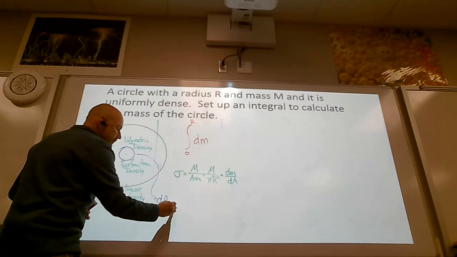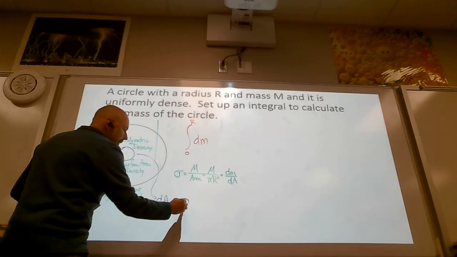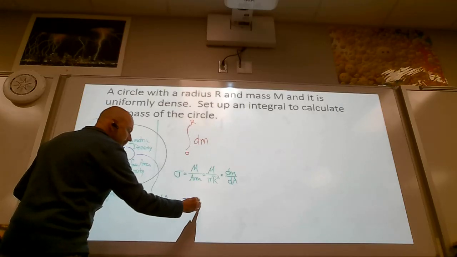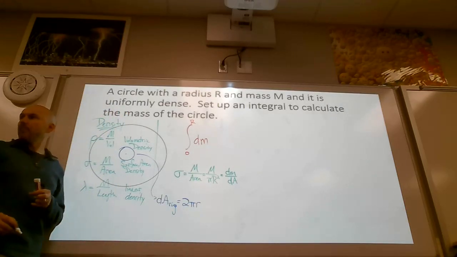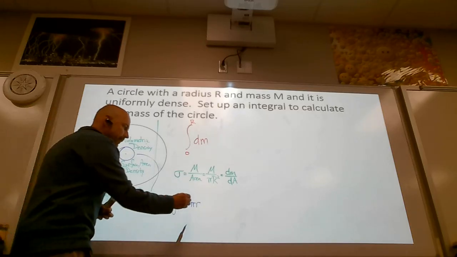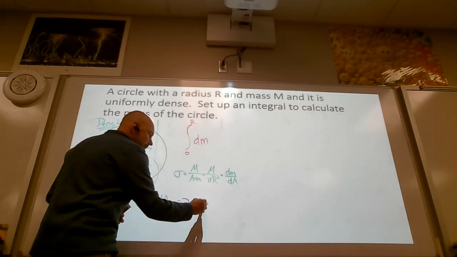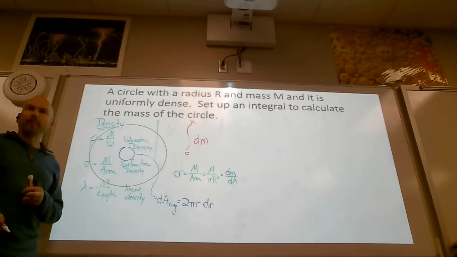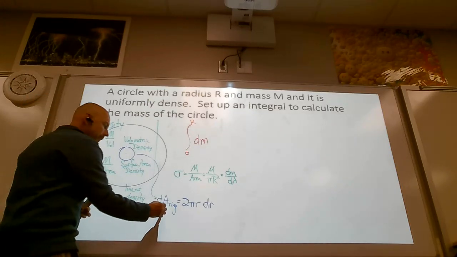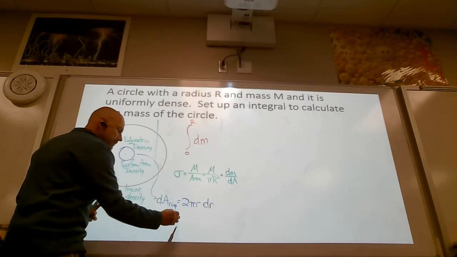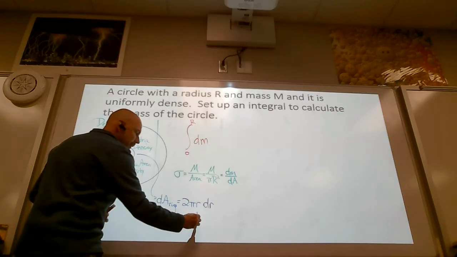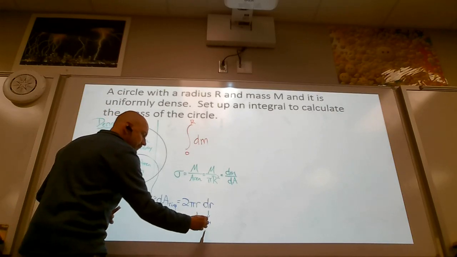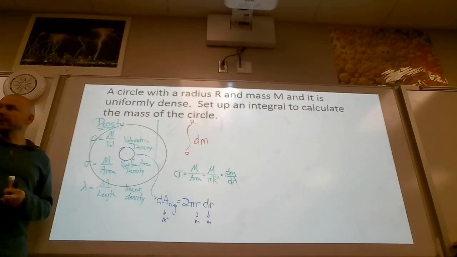The area of that ring is going to be equal to the length times the thickness. So here I've got meters squared. Here we've got meters. Here we've got meters. Meters squared equals meters times meters.